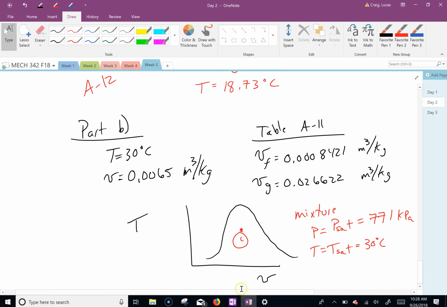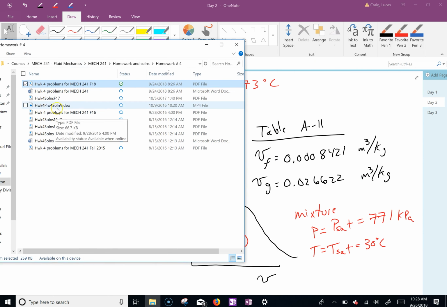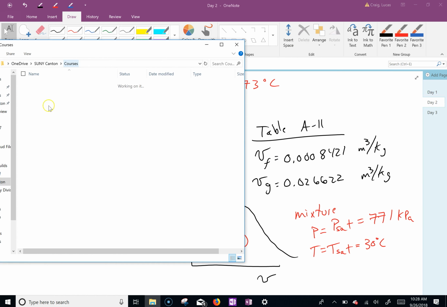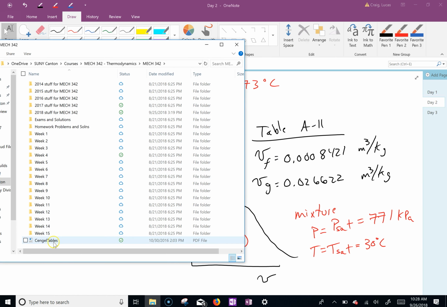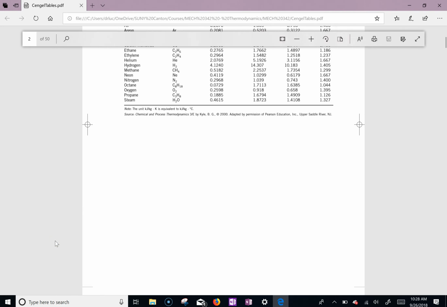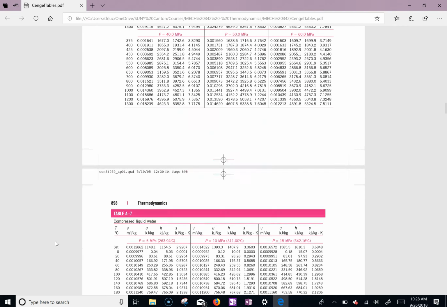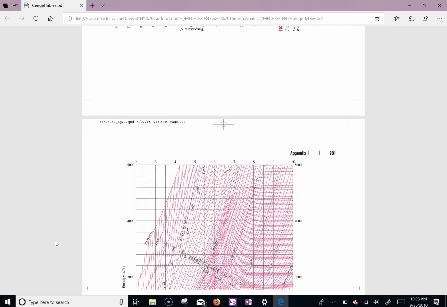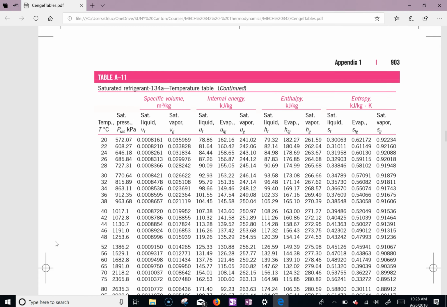So write that down, and I'm going to open this up. It's A11, right? A11 because we're using refrigerant. And the temperature was 30.